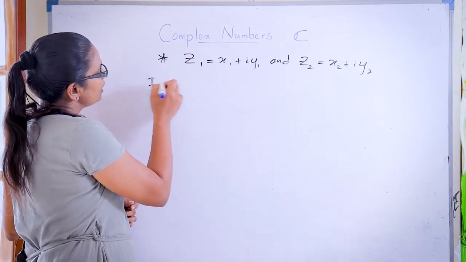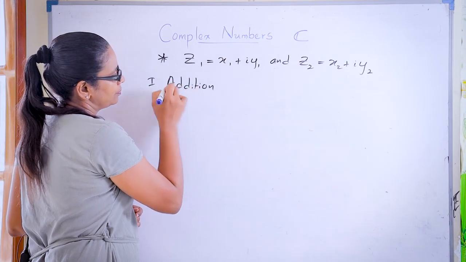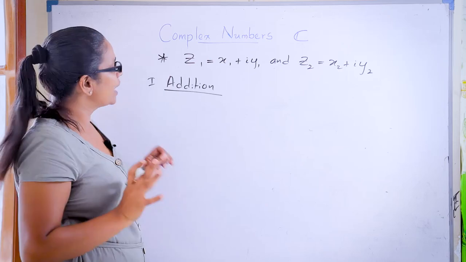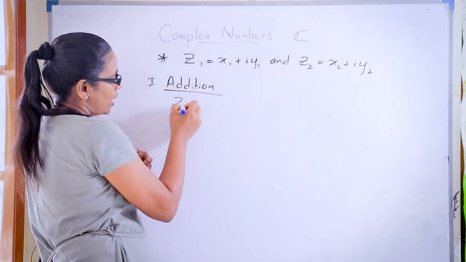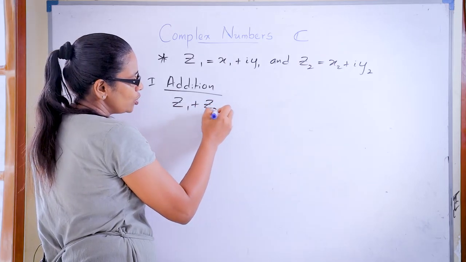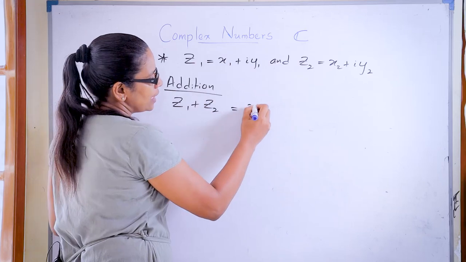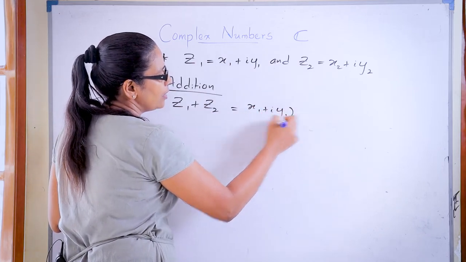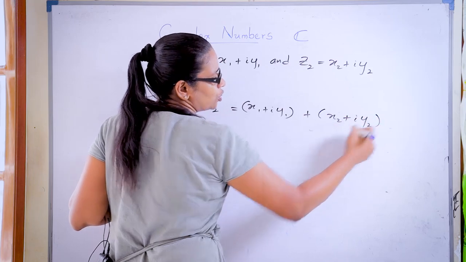Let's talk about the addition. How to do the addition of complex numbers Z1 and Z2? I need to add these two, so let's substitute those values: x1 plus iy1 plus x2 plus iy2.